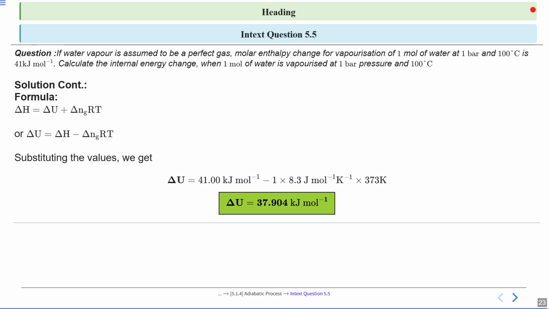We get 37.904 kilojoule per mole. Do not forget to convert 8.3 joule per mole per Kelvin into kilojoule. How do we convert it? You just have to multiply the whole thing by 10 to the power minus 3 for the conversion. Then you will get your right side as kilojoule per mole.